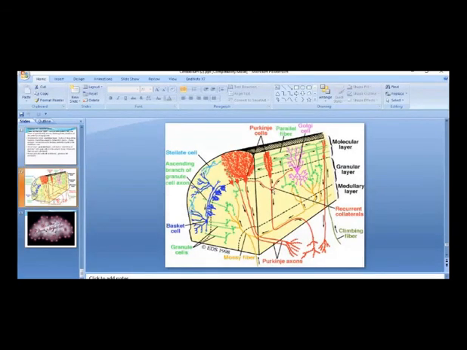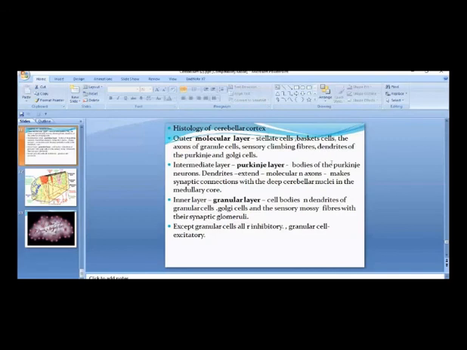Look at it, this is the body of the Purkinje neuron. It's going upward.